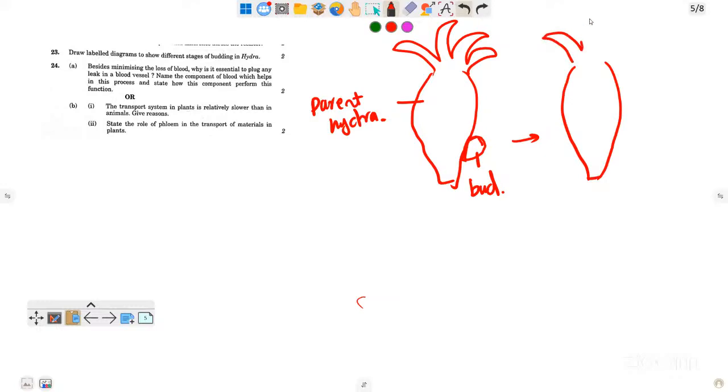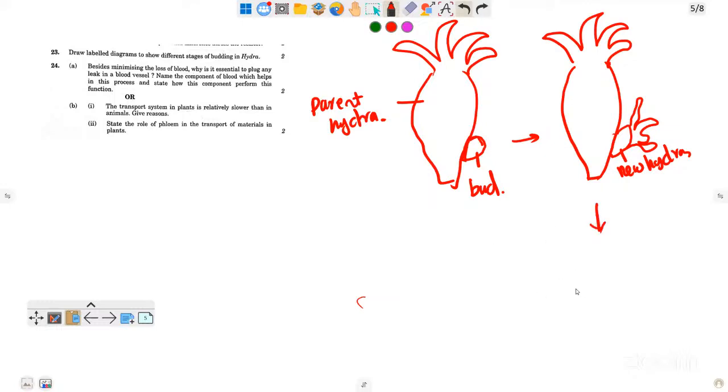Just draw very neatly. Here further development takes place, and a new hydra will be formed. This is the new hydra.